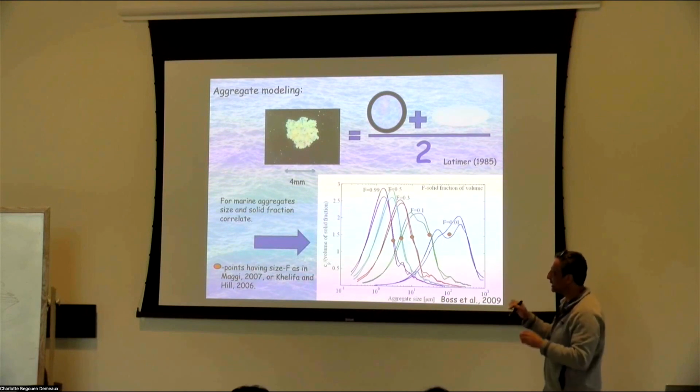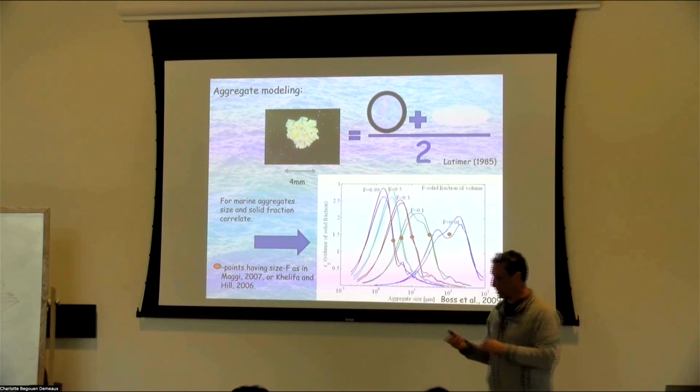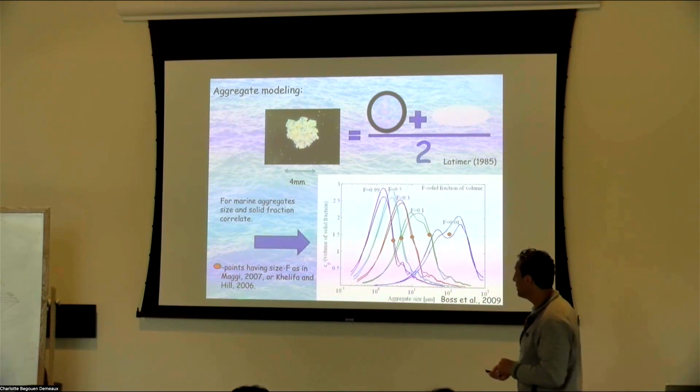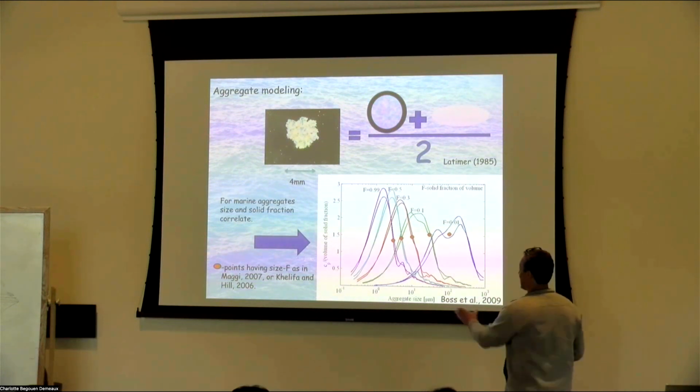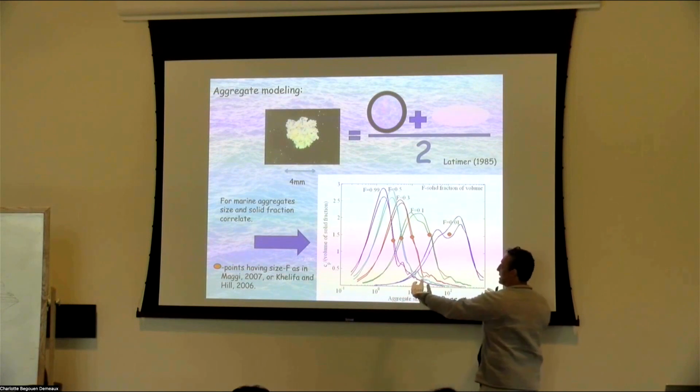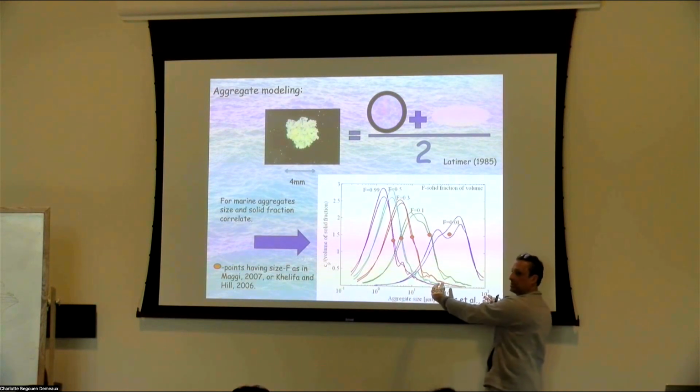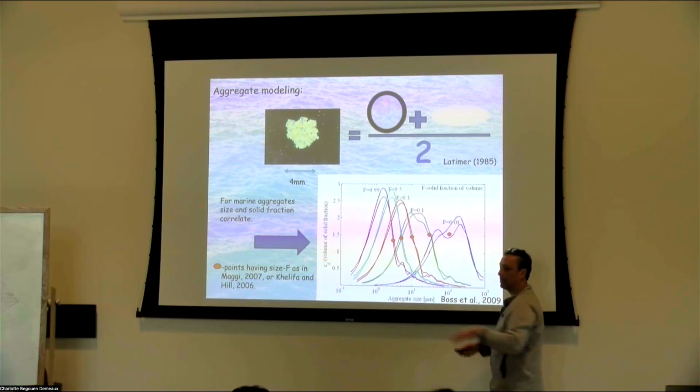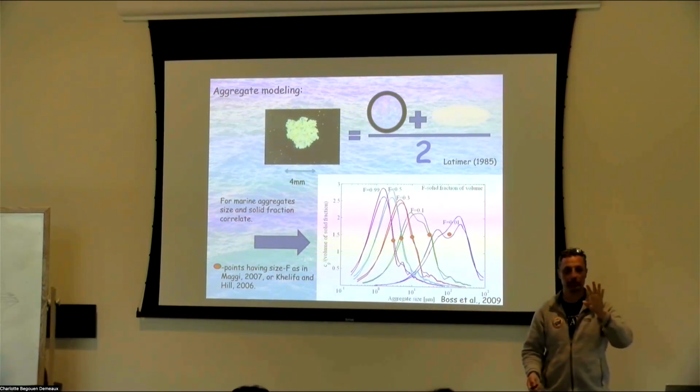And then I'm using a ratio based on published literature to tell me how much more water there is as my aggregate grows in size. They use something called fractal dimension for it, but you don't have to get into that.